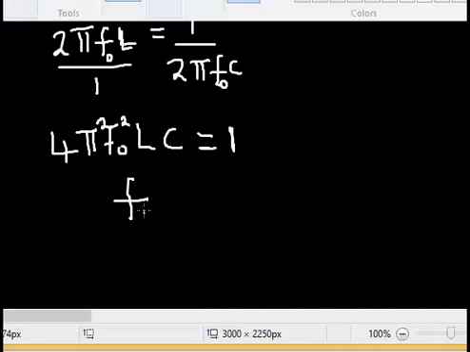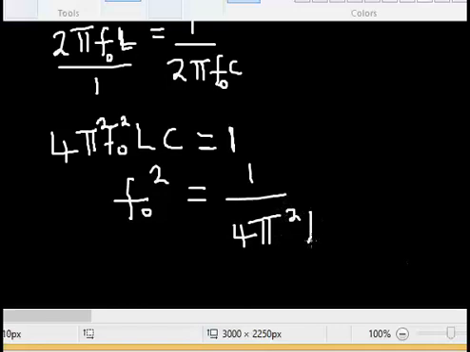So F0 squared is equal to 1 all over 4 pi squared LC.